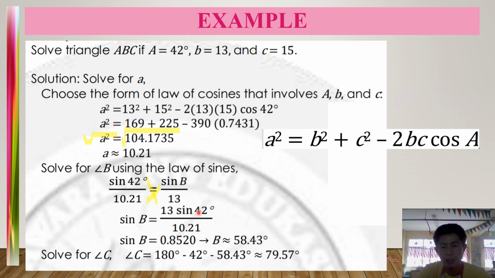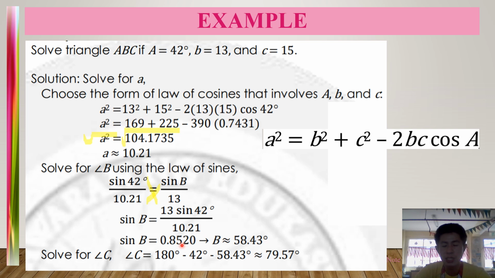Okay, use your calculator to find the value ng sine 42. Then, ang sagot nun, i-multiply nyo sa 13. Then, yung sagot nun, divided by 10.21. So, that is equal to 0.8520. Rounded off na rin to in 4 decimal places. Okay? 0.8520.